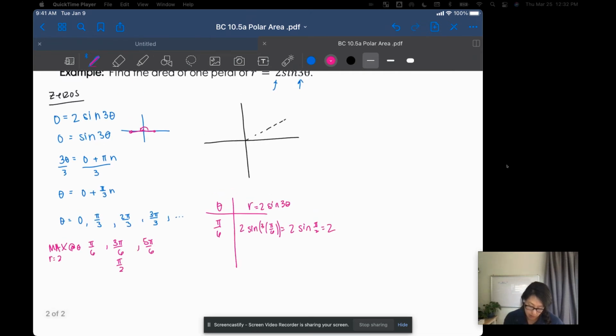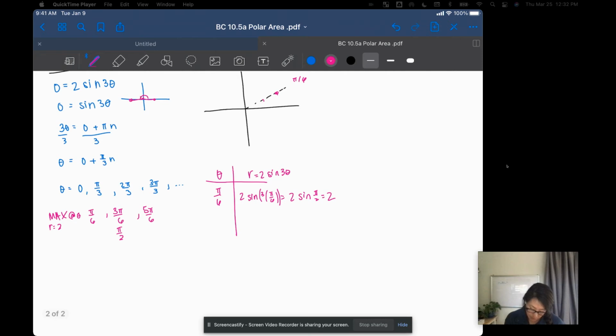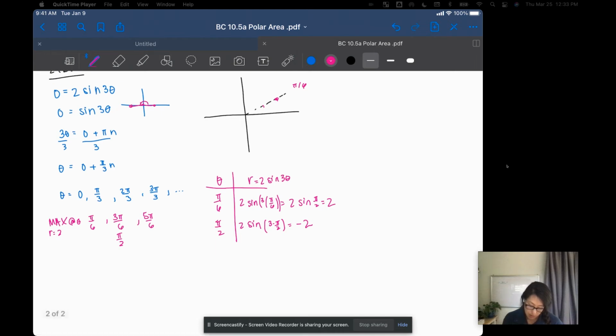Then at pi over 2, where I think I have another max, I'm going to do 2 times the sine of 3 times pi over 2, which is 3 pi over 2, which gives me a negative 1. So I end up with negative 2 as my radius. So I'm going to end up moving down 2 units at pi over 2. So this is negative 2 comma pi over 2.